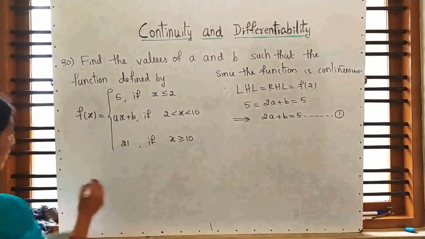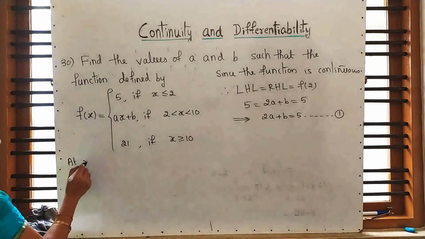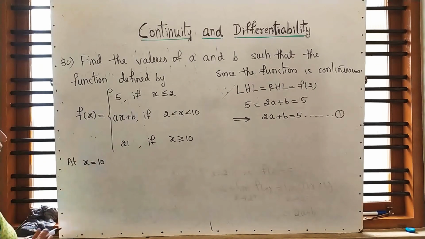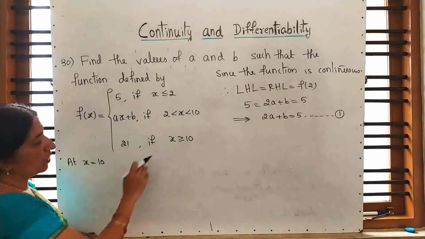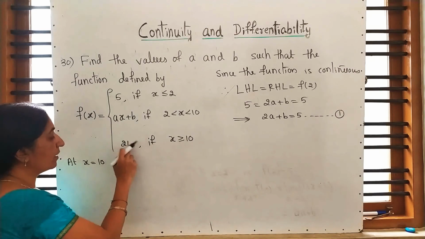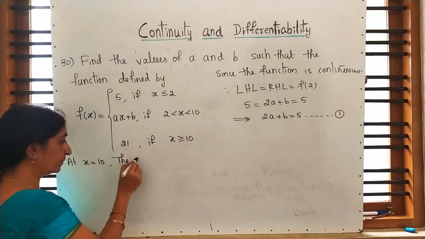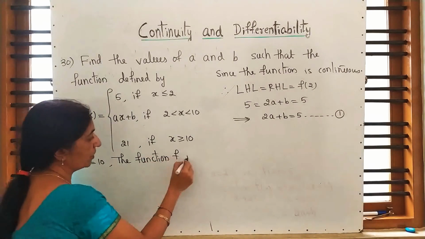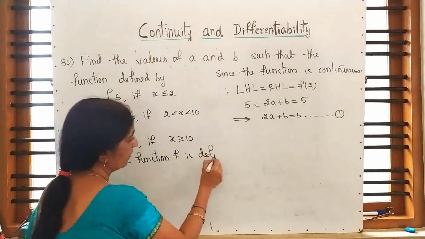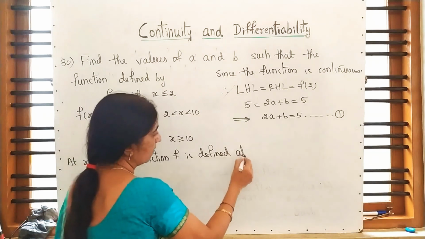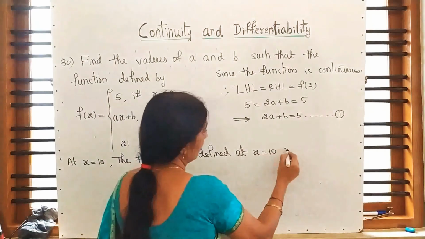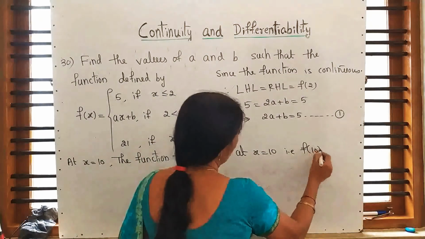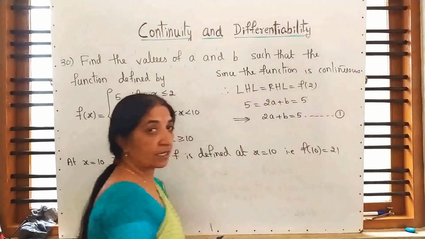The problem is defined at 2 points, so that's why we have to write both the points. Then we have to go for x is equal to 10. First see whether the function is defined or what. Yes, x is equal to 10 means it is 21. The function f is defined at x is equal to 10, that is f of 10 is equal to 21. Correct or what?